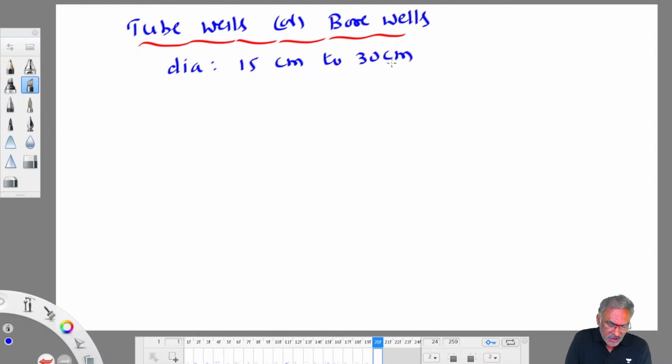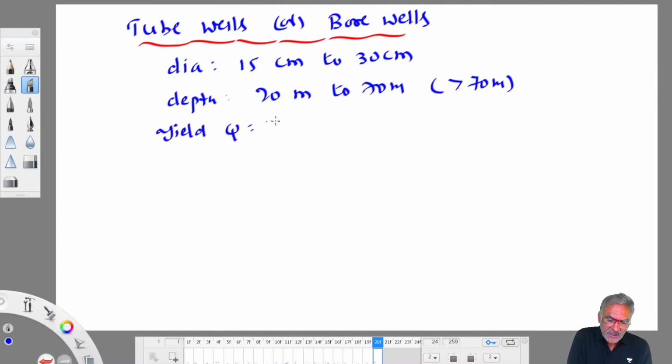We can drill this hole to any depth, and depth normally varies anywhere between 20 meters to 70 meters, and sometimes even more than 70 meters in some places. Generally the yield is a little bit more, so you can have 15 to 45 liters per second. LPS means liters per second.